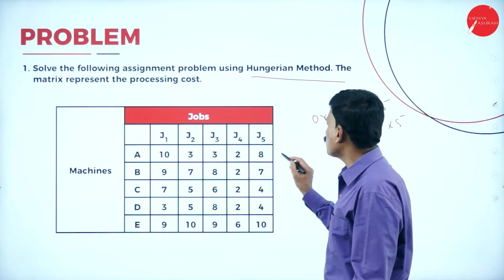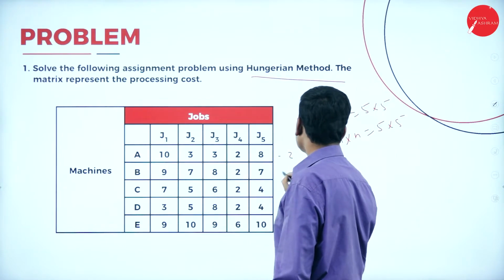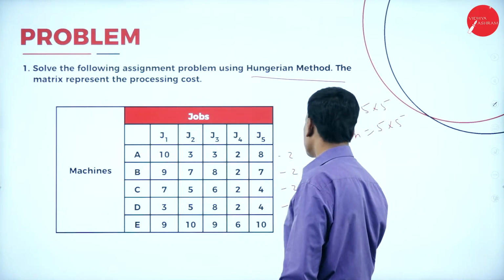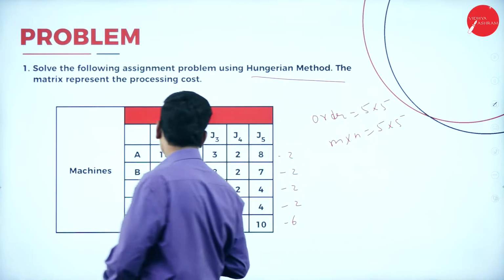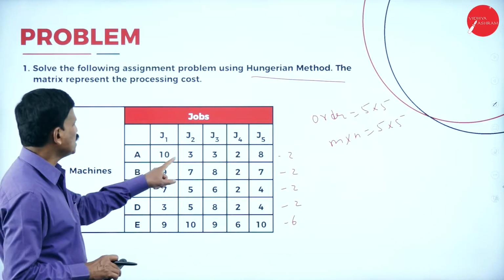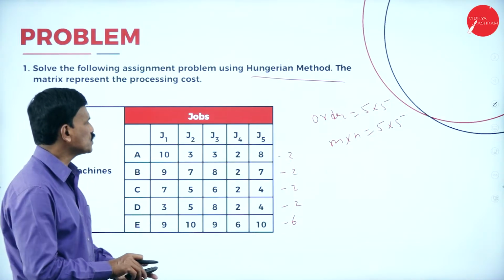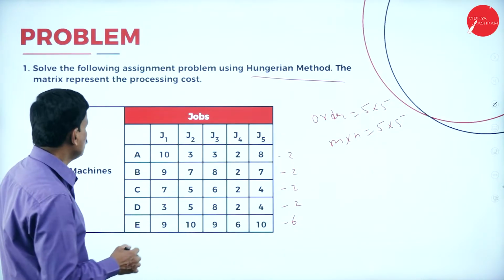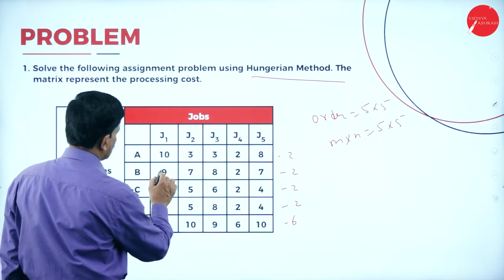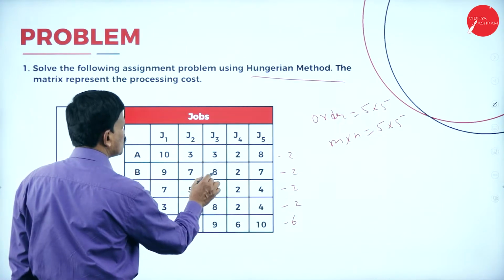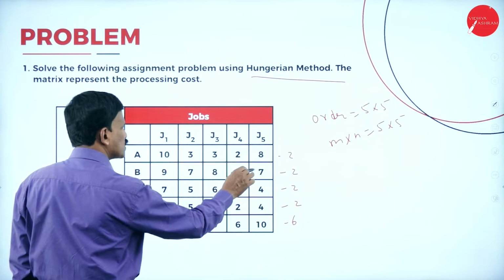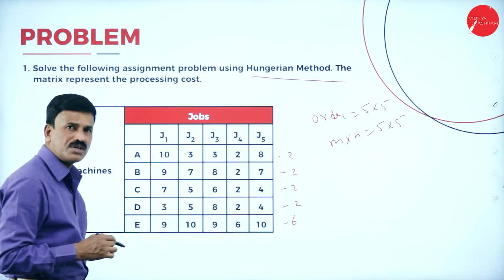Okay, so if I subtract 2, 2, 2, 2 and 6, what elements are we going to get? 10 minus 2 is 8, 3 minus 2 is 1, 3 minus 2 is 1, 2 minus 2 is 0, 8 minus 2 is 6. Similarly, 9 minus 2 is 7, 7 minus 2 is 5, 8 minus 2 is 6, 2 minus 2 is 0, 7 minus 2 is 5. So just go on subtracting.